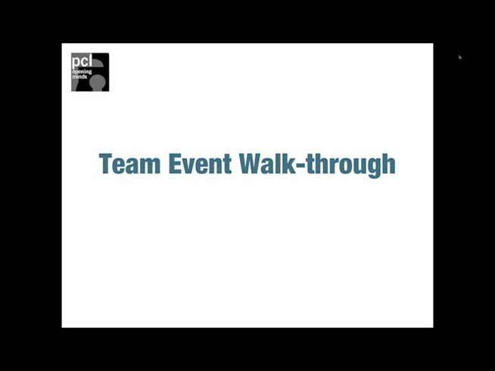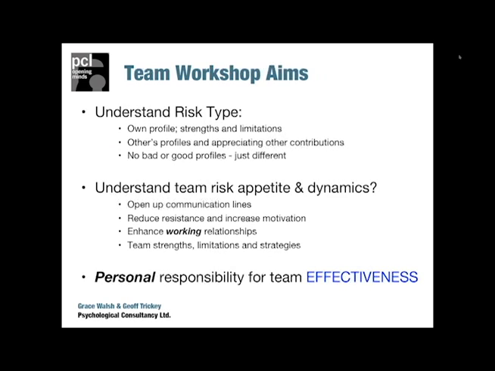So a team event walkthrough now. Let's have a look. We're going to look at what you are trying to do with this team. It's important to share this with the team for them to understand what it is we're interested in doing with our group. So your understanding of risk type is important. So you need to understand your own profile. They need to understand their own strengths and limitations.